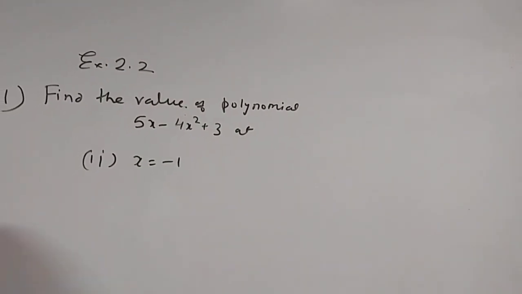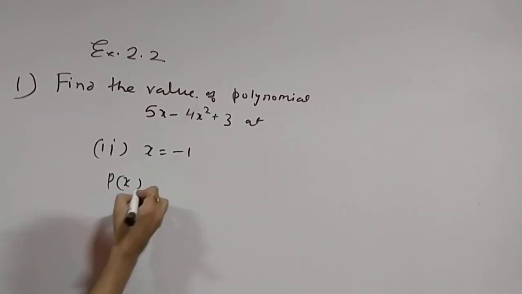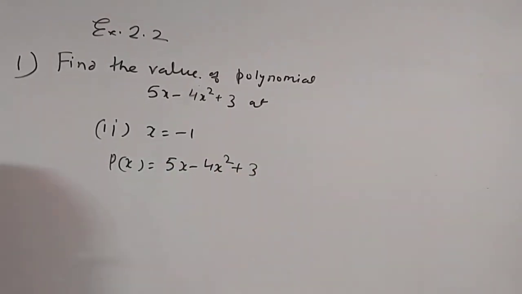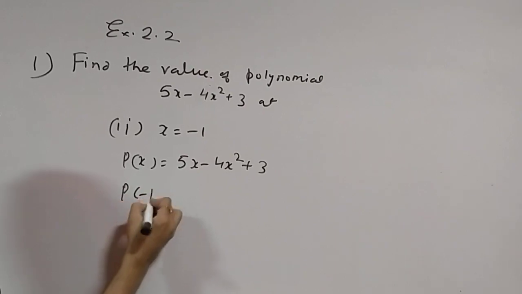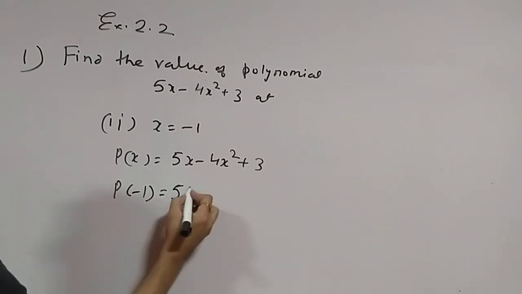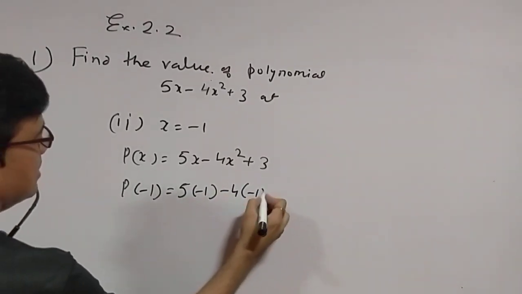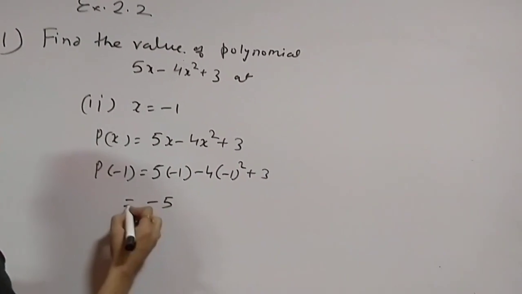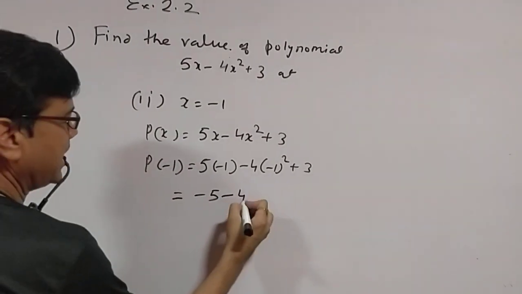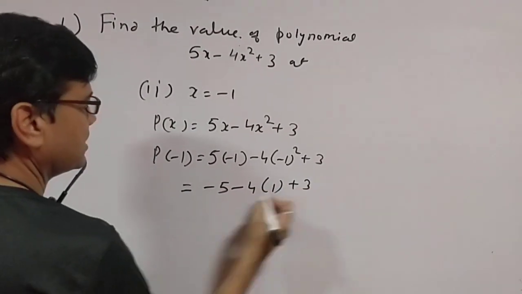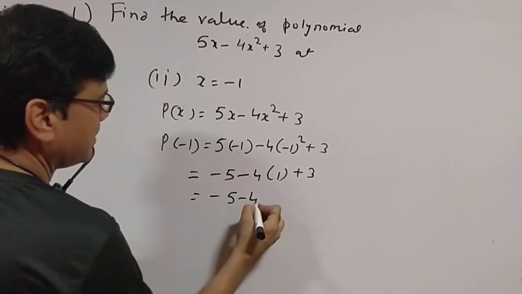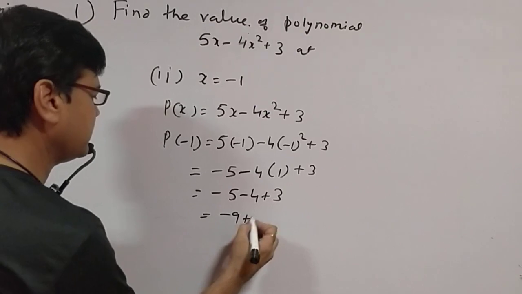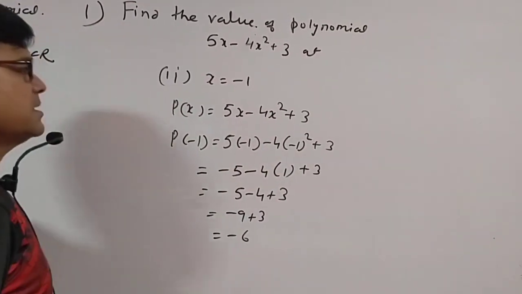If x is equal to minus 1, then find the value of the polynomial p(x) is 5x minus 4x square plus 3. In place of x you have to write minus 1. 5 into minus 1 is minus 5. Minus 1 square is plus 1, so minus 4, plus 3. Minus 5 minus 4 is minus 9, plus 3 is minus 6.